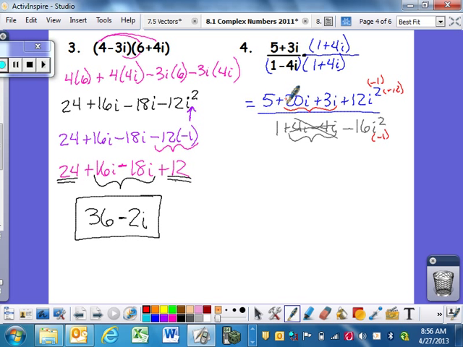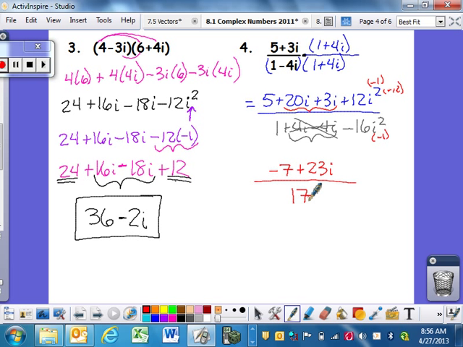So 5 minus 12 ends up being on the top a negative 7. So that's just the numerator, the top. Alright? Now in your denominator, the i's better go away. That's what I meant by the outside and inside are gone. Okay, negative 16 times a negative 1 is a plus 16. Plus 1, so you end up getting 17 on the bottom.